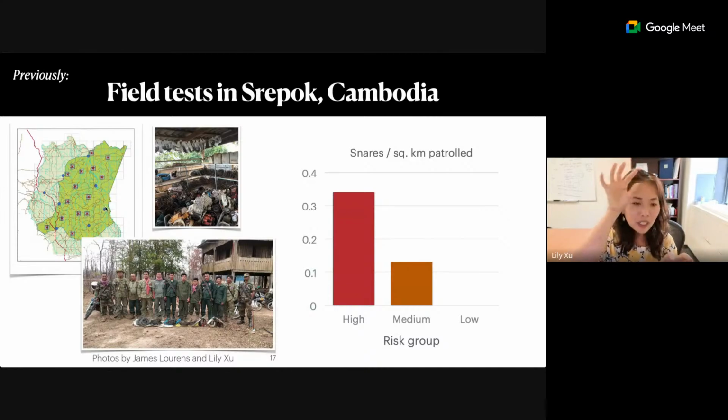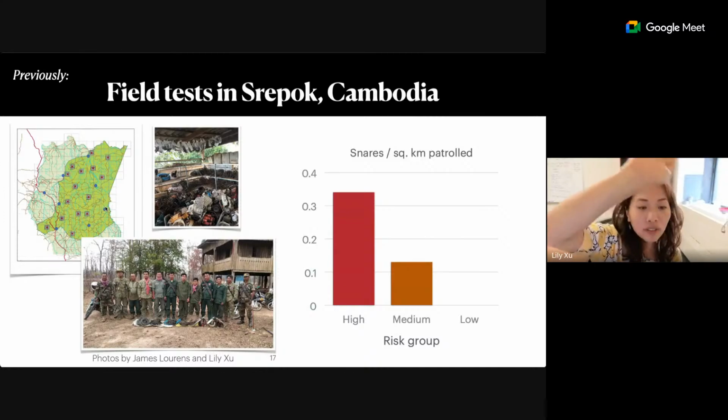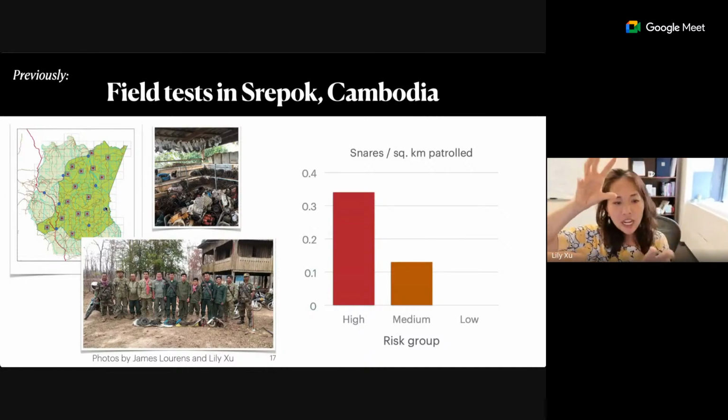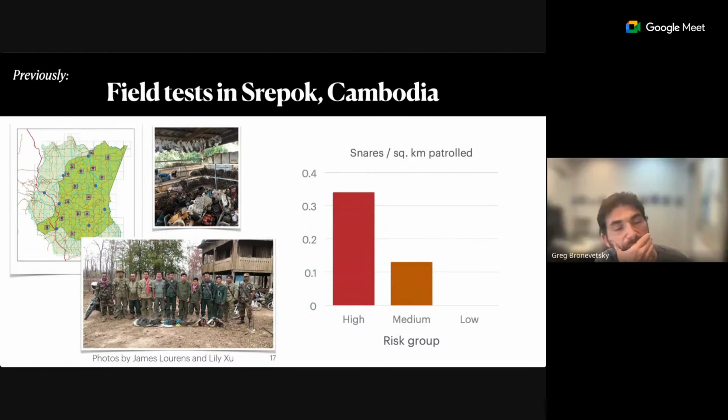So the sites that end up being our treatment sites versus the sites that end up being our control sites are pretty spatially set apart. And therefore, we think that if there is displacement, it's not really going to change the estimate that we're getting across treatment and control. So there might be displacement to other sites that aren't part of our study, but it's not going to spill over from our treatment versus our control sites. That makes sense.